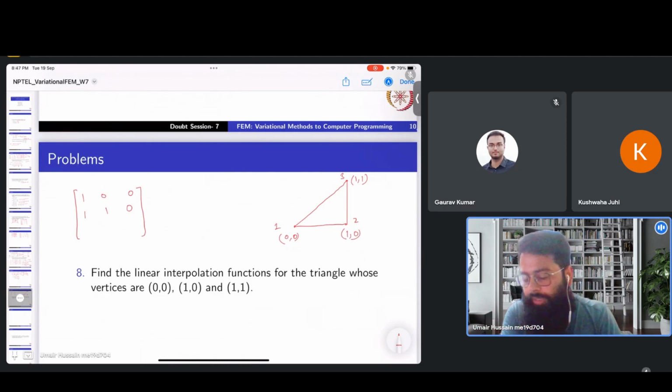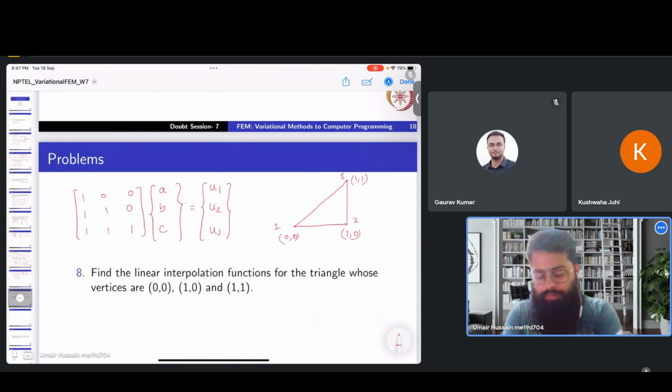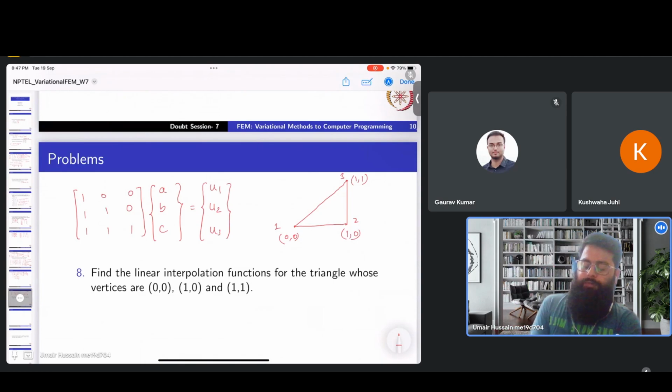So that's what we are doing: 1 0 0, 1 1 0, and 1 1 1. Then here our unknowns are A, B, C, the coefficients of the approximation function, and on the right-hand side we have the solution values U1, U2, U3 at the nodes. So we have to find A, B and C in terms of U1, U2, U3.